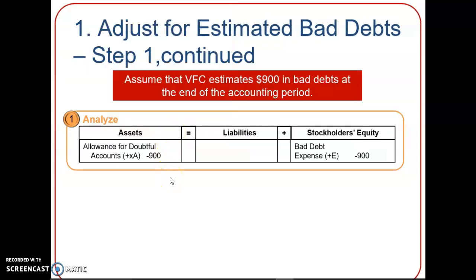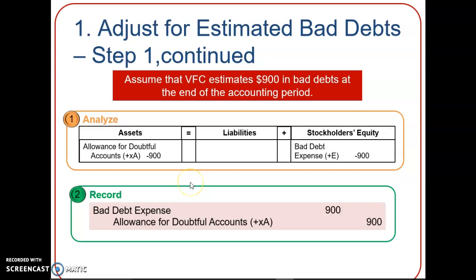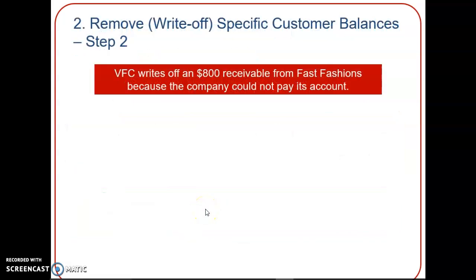Step 2. To analyze this further from a journal entry perspective, we recognize the bad debt expense in the same period: debit, bad debt expense, credit, allowance for doubtful accounts. Step 2, actually write off customer balances when it becomes known that the customer is not going to be able to pay its account.